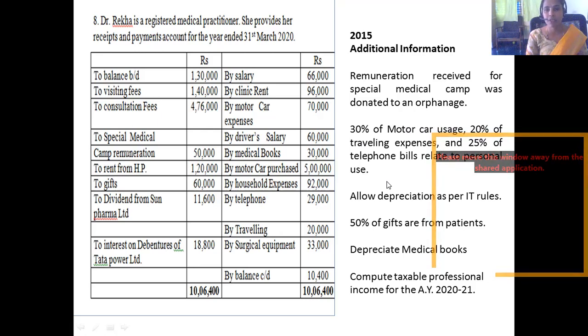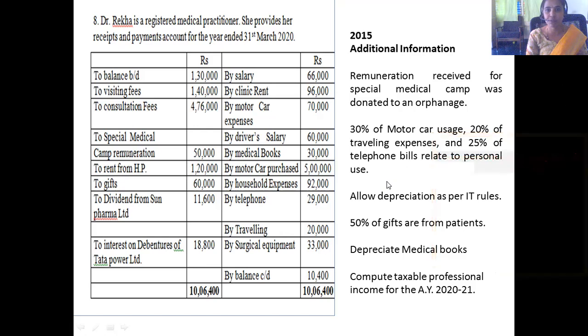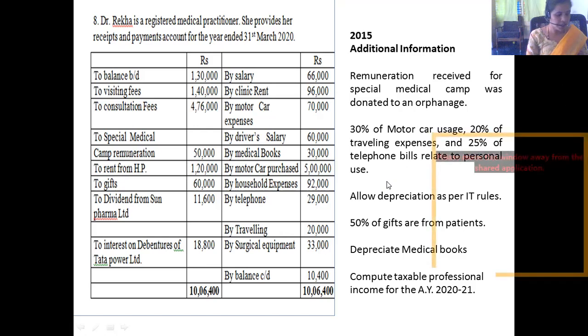Medical books are depreciated at 40%. So the rate of depreciation applicable as per the IT rules is 40%. So 30,000 into 40%. Motor car purchased is 5 lakh. The rate of depreciation that is allowable to the car is 15%. So 5 lakhs into 15%, and 70% is what is used for the business. So we will take up that, profession.